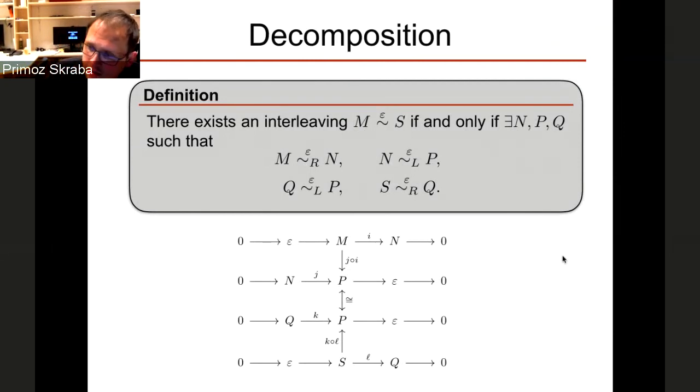The reason I think this is also interesting is that, at least morally, what these left and right interleavings are doing, you can think of them as shortening and lengthening bars. Although it's not a precise analogy, when we compare diagrams in terms of bottleneck matching, we usually think of shortening some bar and lengthening some other bar, and matching the bars that way.